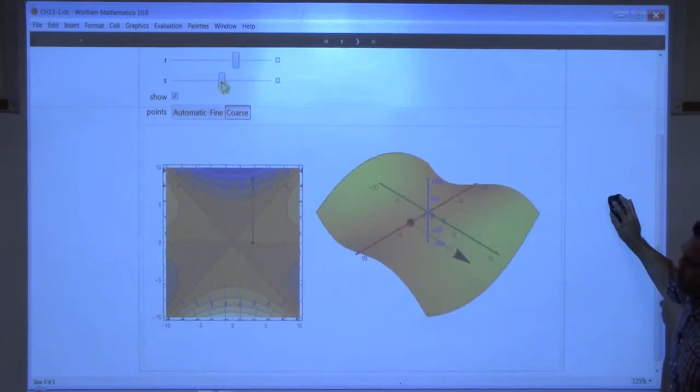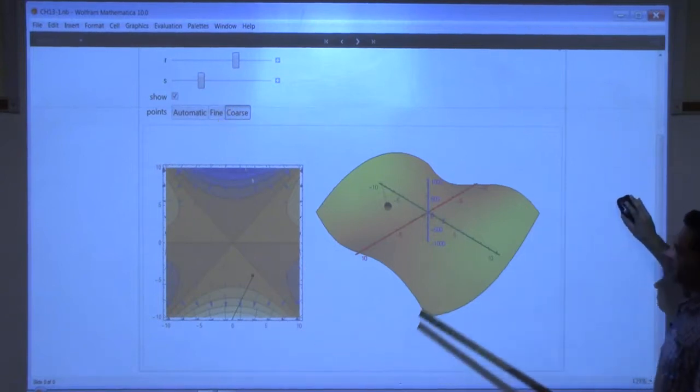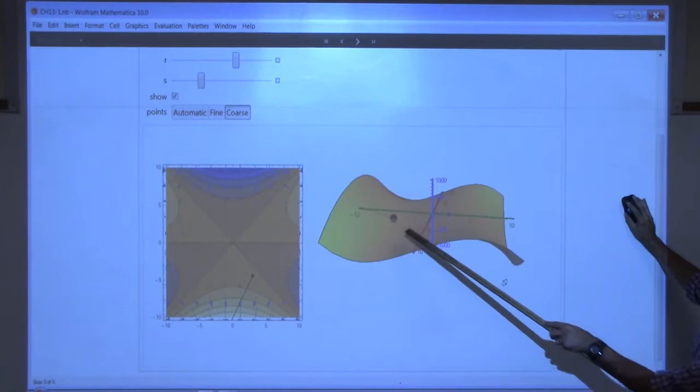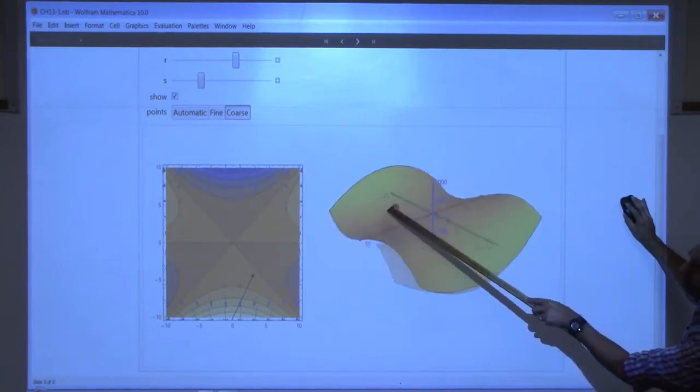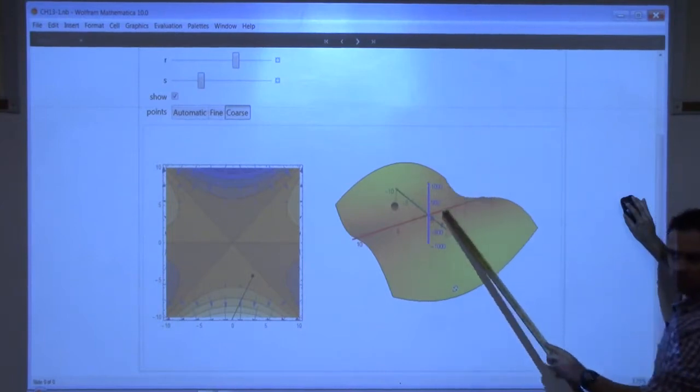Let me try and move this around. I'm going to move it right there. Okay, so you see the point right here? It's saying go in that direction for steepest descent. I hope you can see that. We're right here. If I go in this direction, I'm going to go up that lip. You see it?